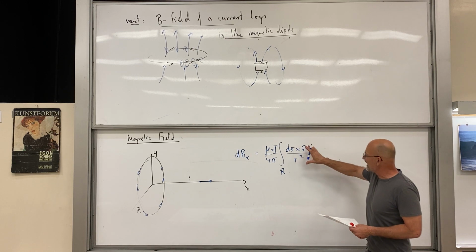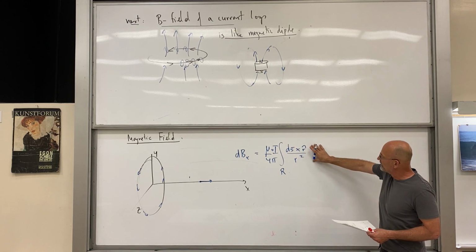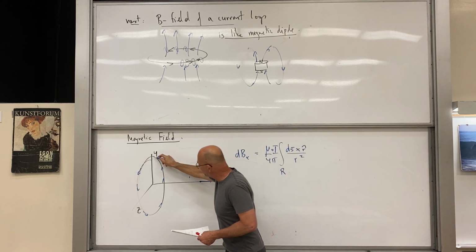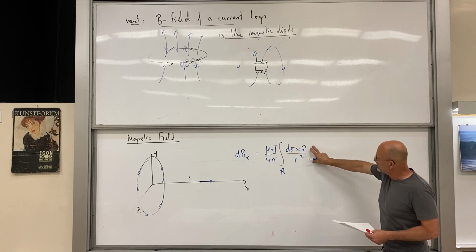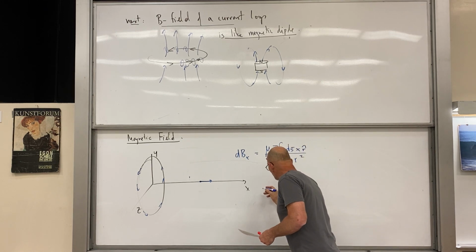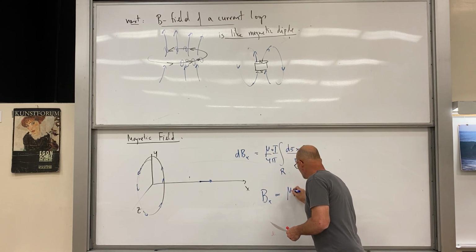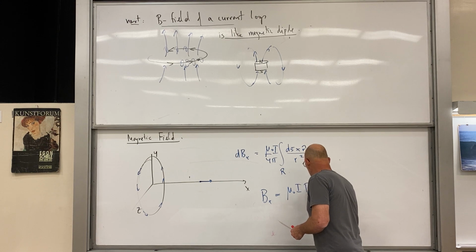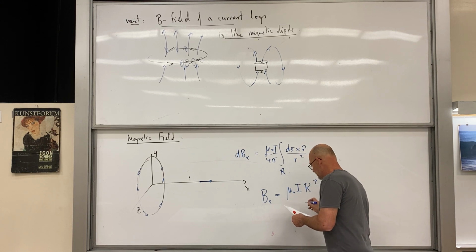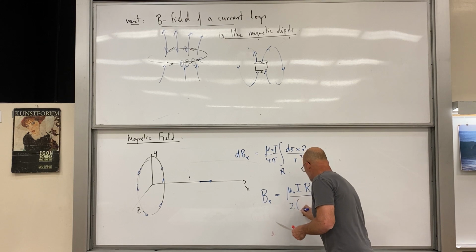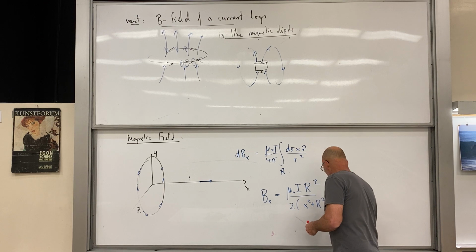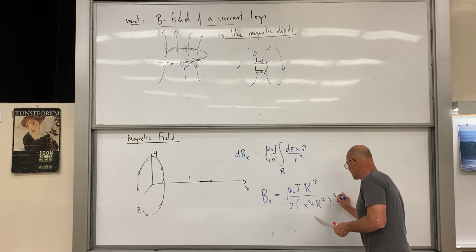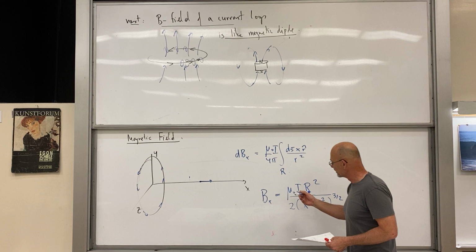In fact, it's not that bad because it's just the geometry here, and when we go around here, it's always the same thing. We just multiply by 2 pi r after we've isolated these expressions here. What we end up with is B sub x equals mu naught I r squared over 2 times (x squared plus r squared) to the 3/2 power. Okay, so I'm going to put this in a box.